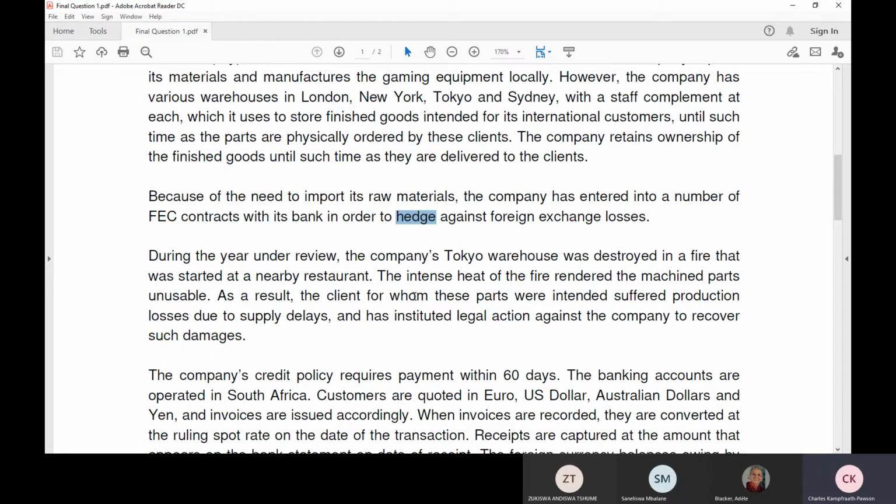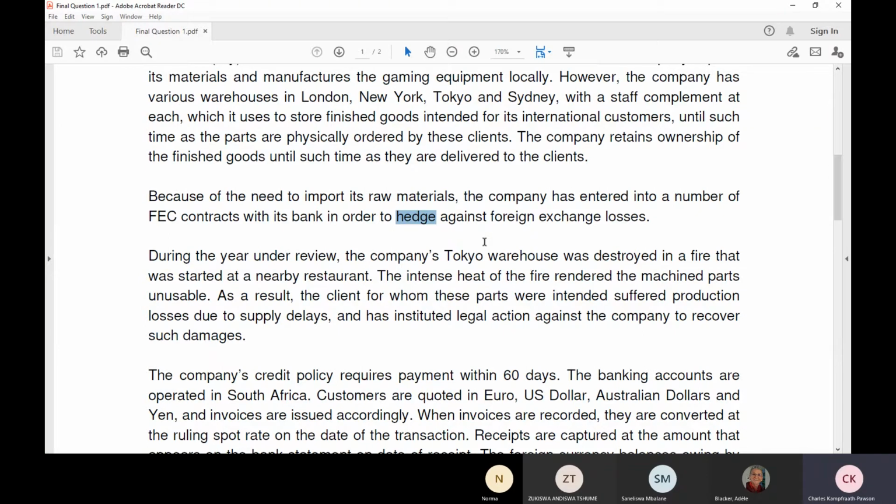Okay, so the question was, are you familiar with the term hedge? To hedge. Yes, I am. Zukiswa? No, I'm not. Okay. So hedging means if you know you are going to pay a supplier in a foreign currency in the future, you can enter into contracts where you basically tell it, and I'm explaining this in very layman's terms because it gets very technical, but the concept is actually very simple.